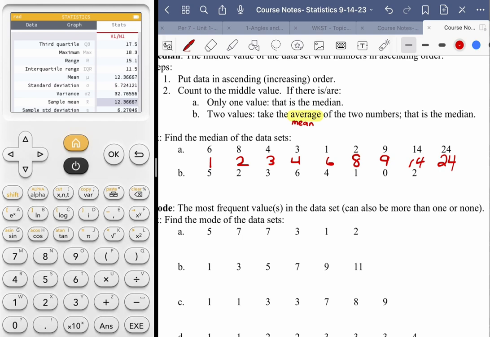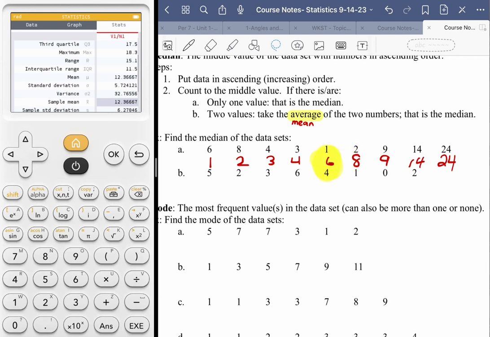Right. So then we count to the middle. I'm going to count one step in, one step in, one step in, one step in, one step in, one step in, last step, last step.